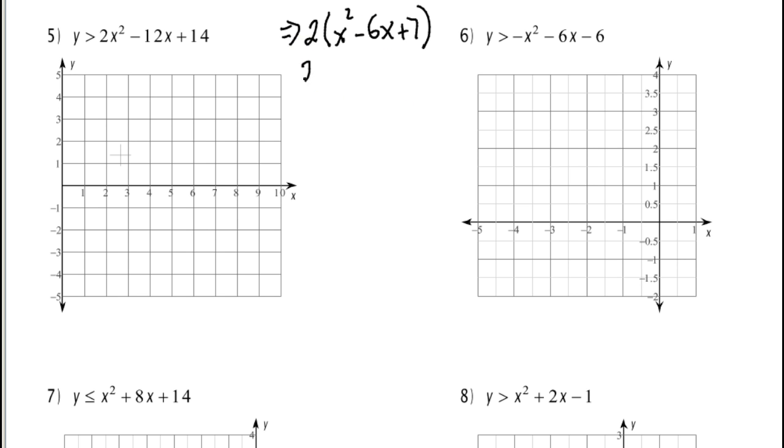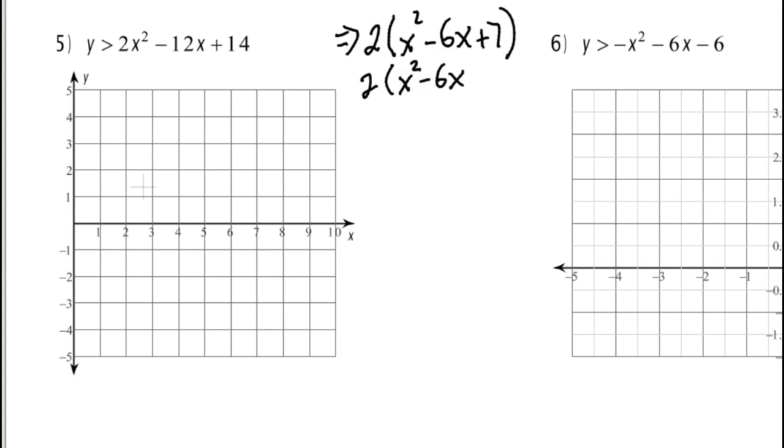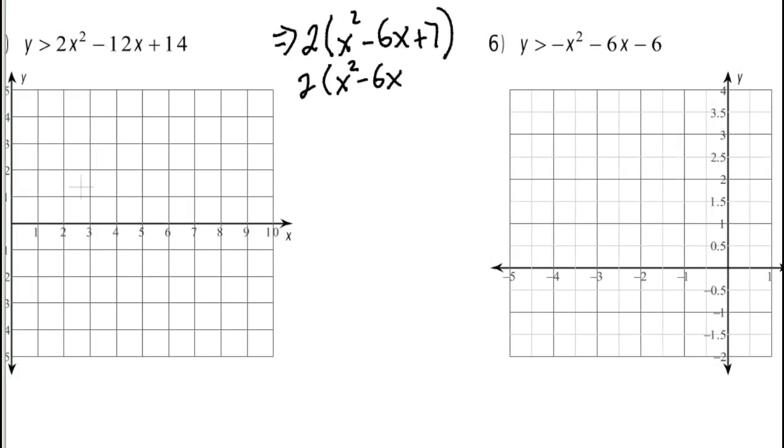Alright, so let's go through and do a little completing the square. What do we get if we complete that square? What do we got to add? 9.